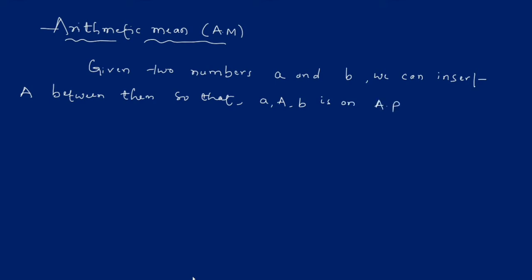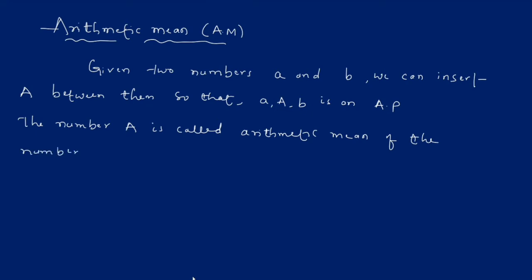The number A is called the arithmetic mean of the numbers a and b.